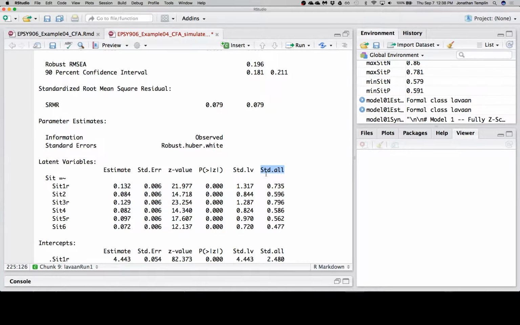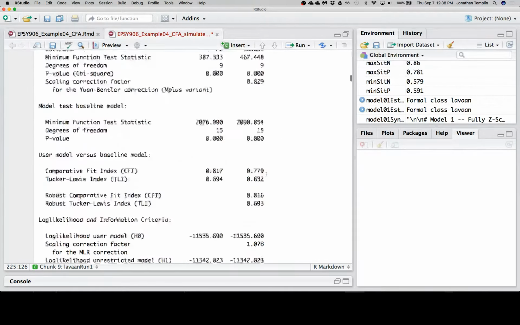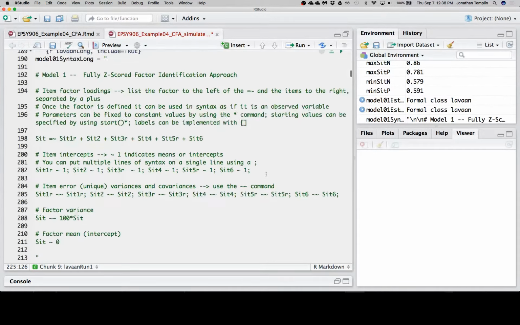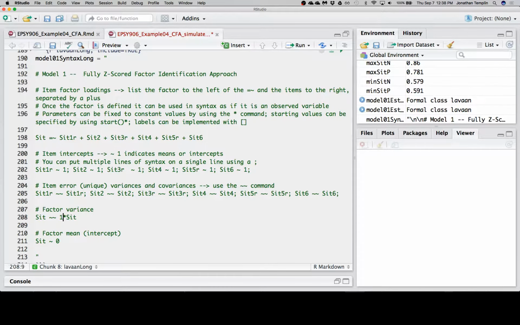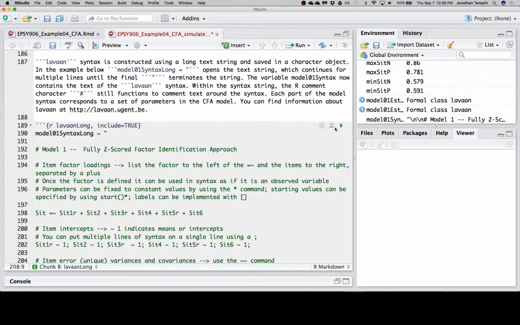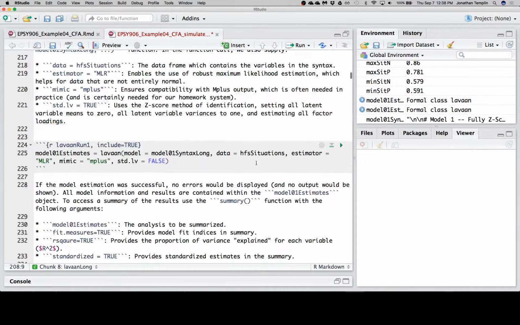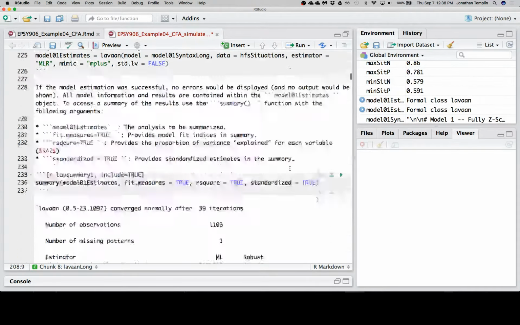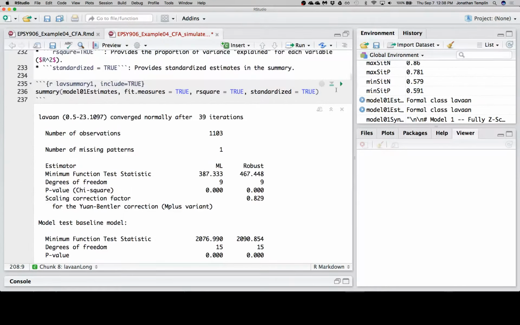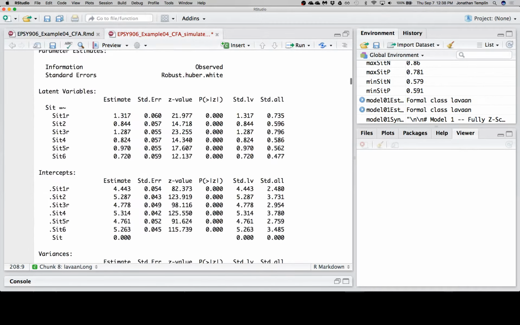It will be identical. If we change the unit so that instead of 100, we just made it 1, and we hit run, what you'll see is we're back to 1.317 over here for the estimate. But the standardized estimate is 0.735.